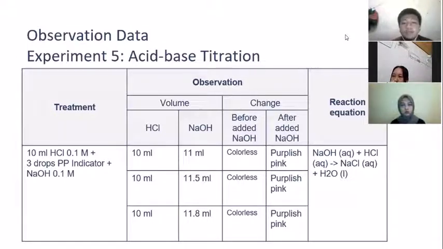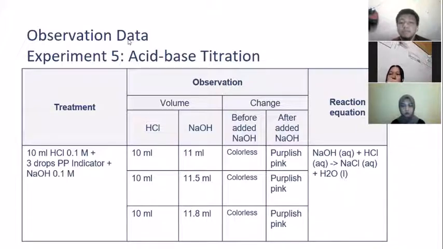For natrium hydroxide volume, titration 1 is 11 milliliter, titration 2 is 11.5 milliliter, and titration 3 is 11.8 milliliter.